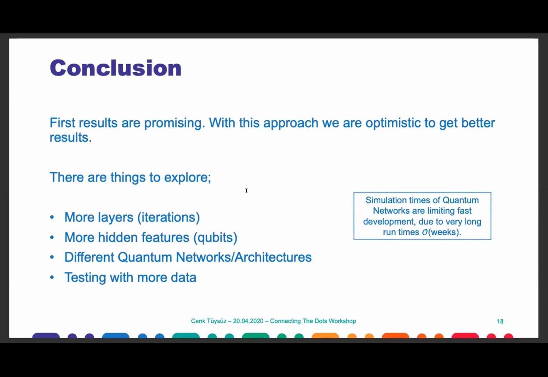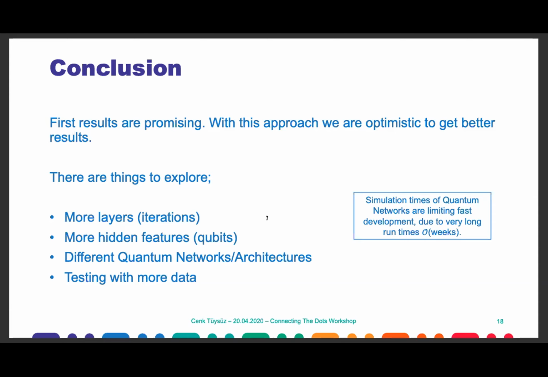The things that we want to explore more are using more layers, more iterations, and introducing more qubits, which means more hidden features, and also trying out different quantum circuits with different architectures, and also increasing the 1% data to full scale.